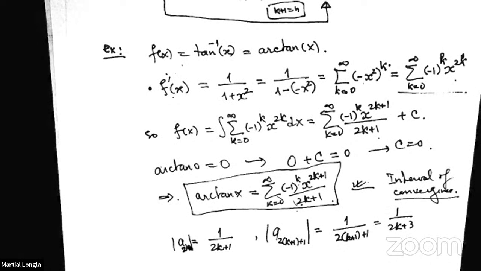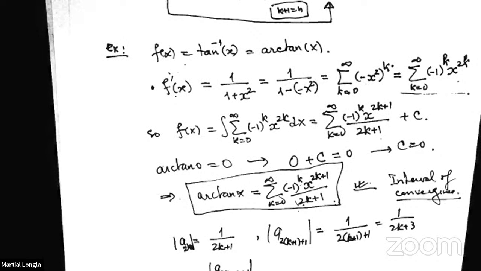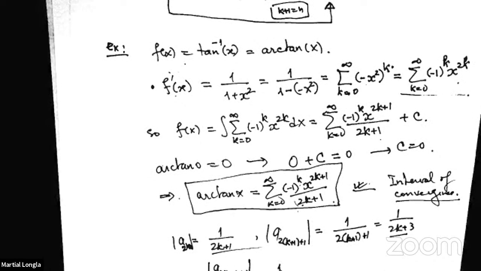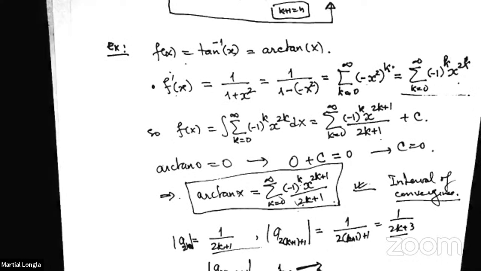And so the limit as k goes to infinity of the absolute value of a sub 2 times k plus 1 plus 1 over the absolute value of a sub 2k plus 1. This is that function divided by this, and that limit is going to be equal to 1.